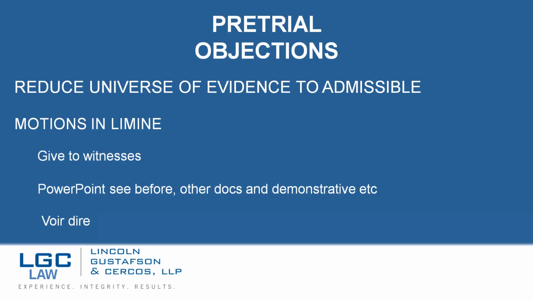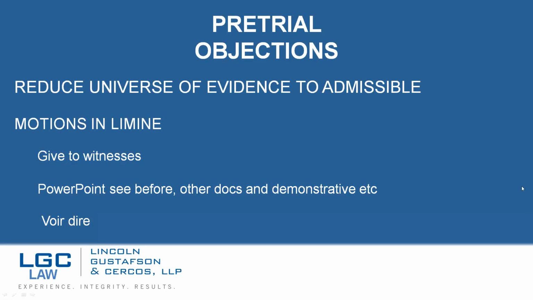It's a little bit different in trial. One of the ways that you reduce evidence before trial is motions in limine. Motions in limine are a very, very effective tool to limit evidence pre-trial. And it's so effective because when you're in a trial and you hear something or you see something that you need to object to, you have a split second to make a decision as to whether you should do that.